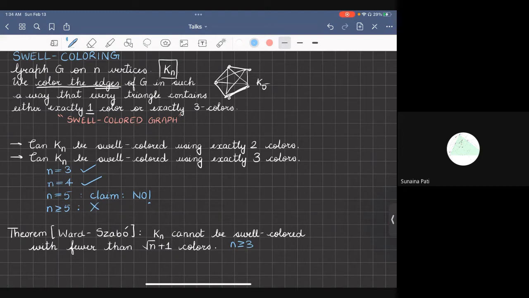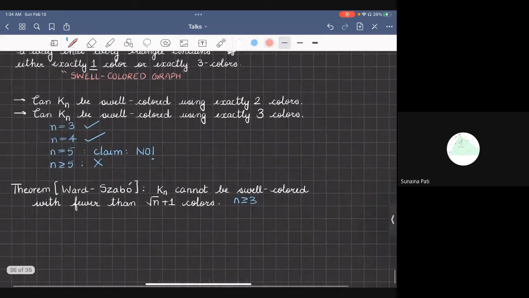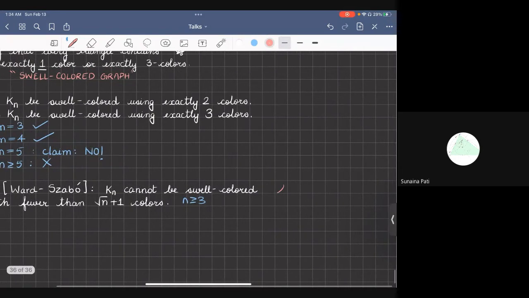So for any n, let f of n be the least number of colors needed to swell color Kn.